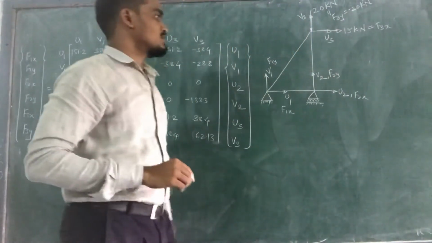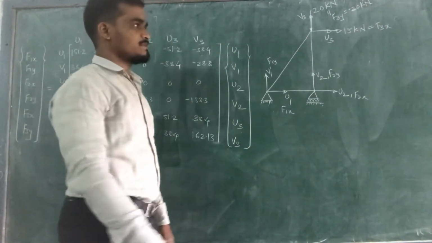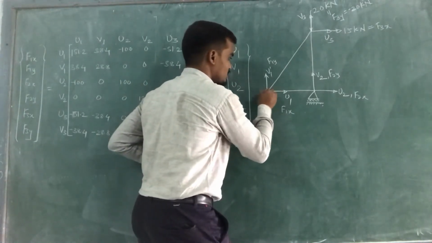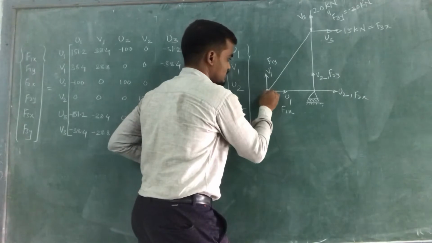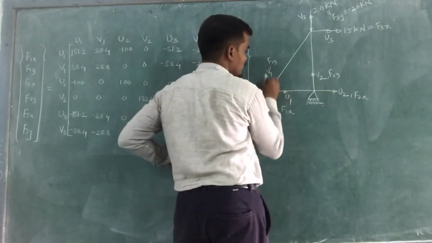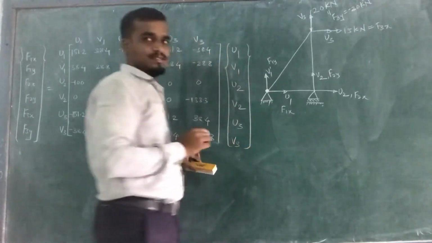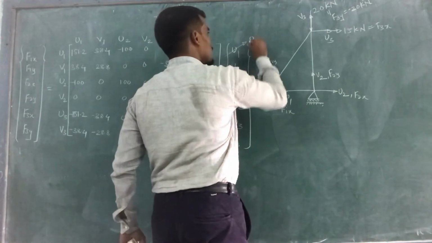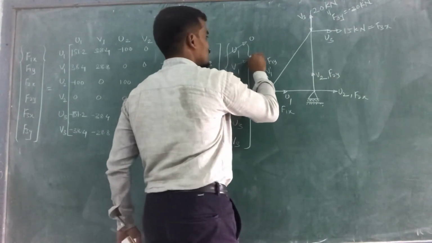So apply the boundary conditions for displacement first. As we know, this node is a fixed node. So the displacements at this node, U1 and V1, will become equal to 0.